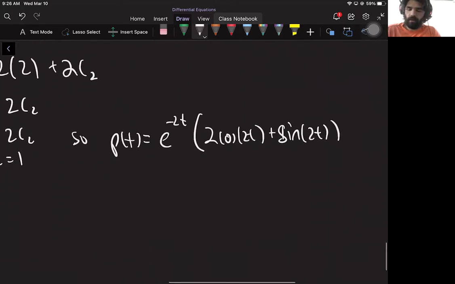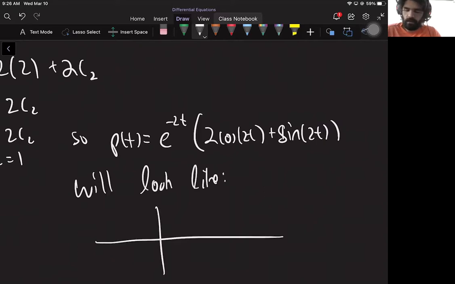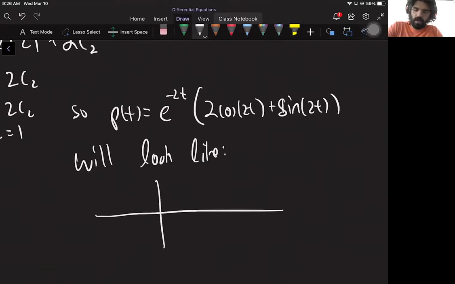Okay, so if you graph this, it will look like something like this. So I'm starting off my position in the downward direction at 2 meters. So it's going to start at 2. And then I'm going to push it upward, which is downward. So I'm pushing it towards equilibrium.